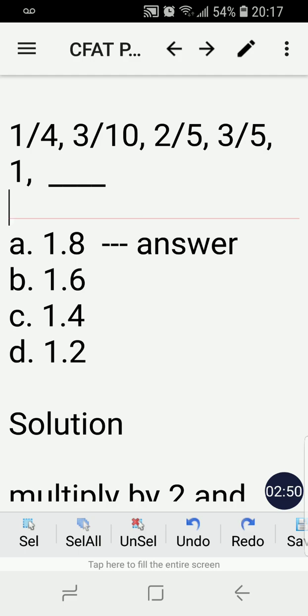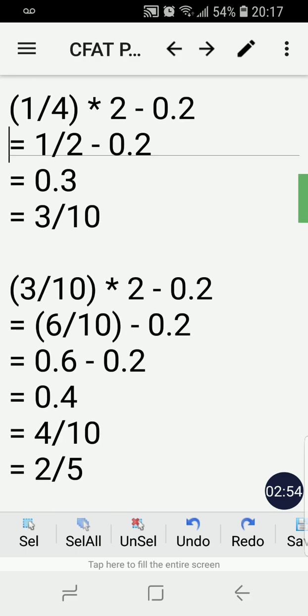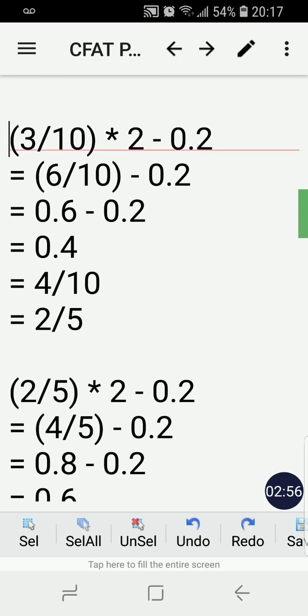To get to the third number in the sequence, we multiply 3/10 by 2, and then we subtract 0.2.